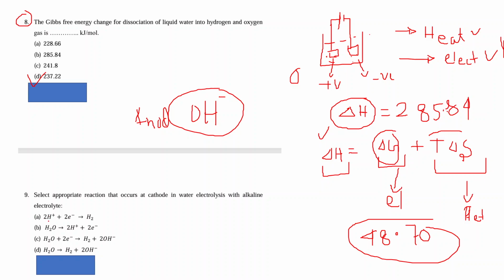Just read the reaction: 2H plus and 2 electron will produce hydrogen at the cathode. You know, in electrolysis, at anode, means positive, oxygen will be produced. At cathode, hydrogen will be produced. So what will be your correct answer? A.